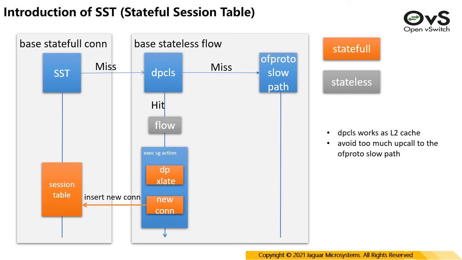DPCLS can work as a layer 2 cache. Once hit in DPCLS, it will also create a new connection and associate the flow with the connection. Thus, it will avoid too many upcalls to the OpenFlow protocol slow path.